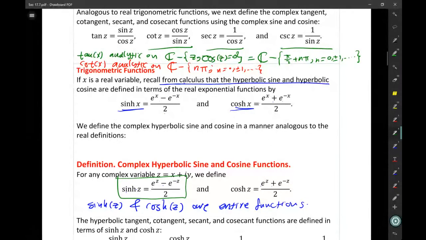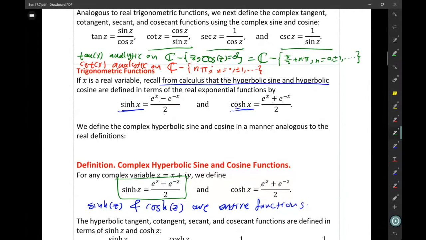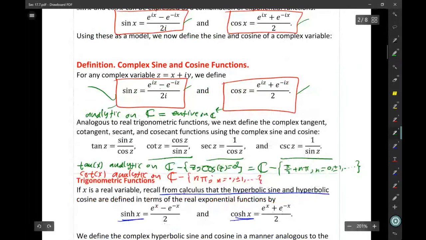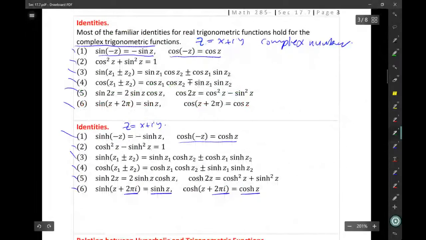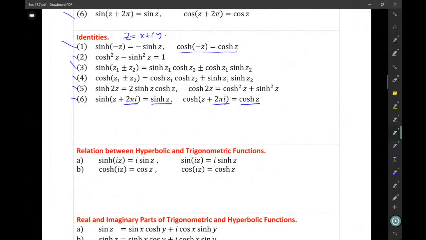You will get e^(iz) minus e^(-iz) divided by 2, which is exactly the same as sine, but not divided by i. So multiplying sine by i, you will get 2 in the denominator. So sinh iz is equal to i times sin z.